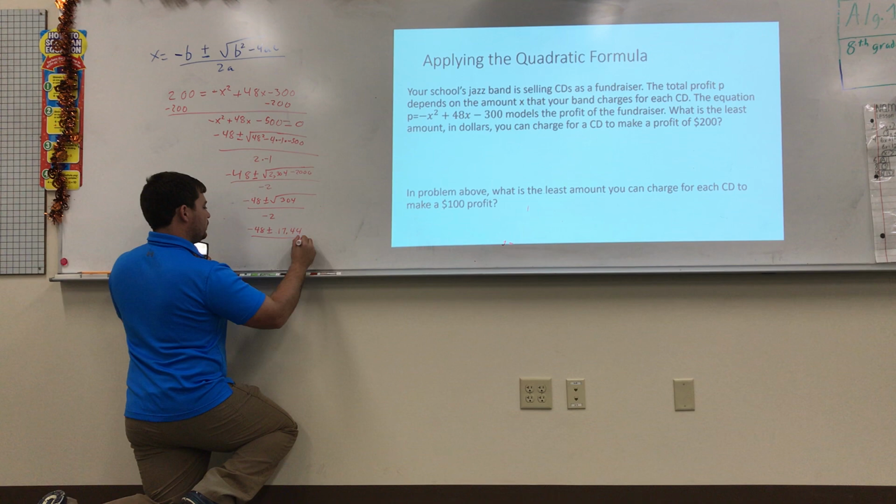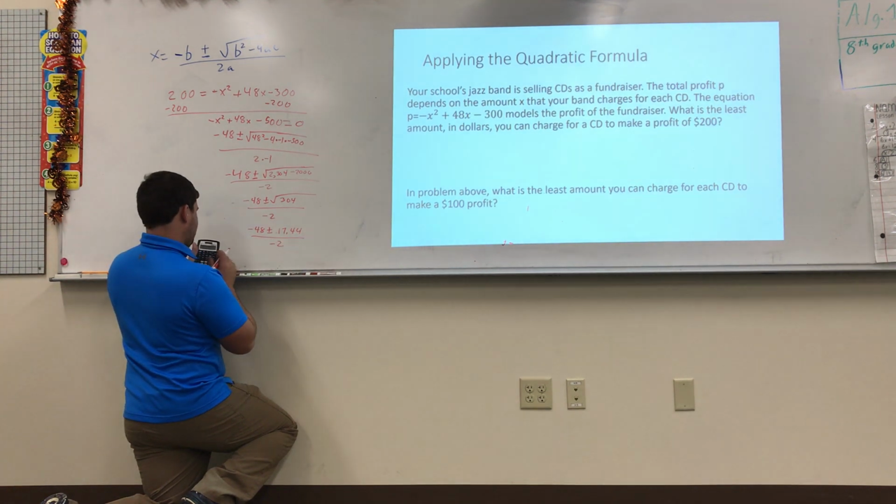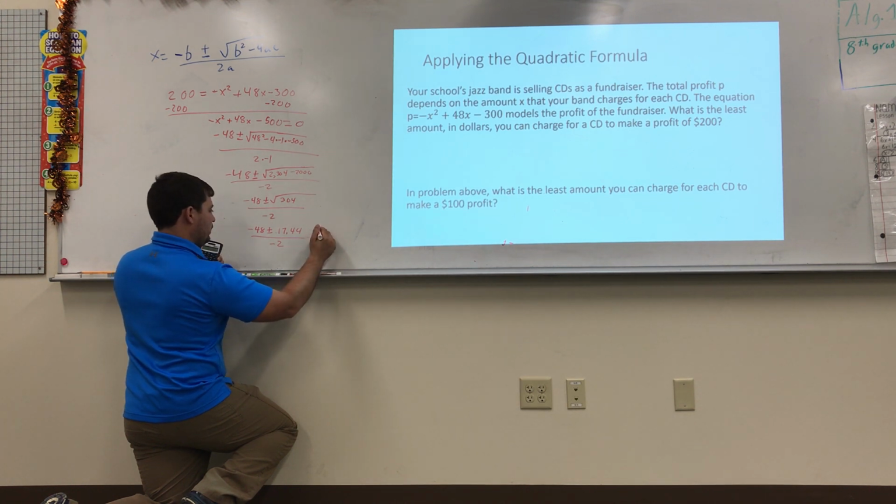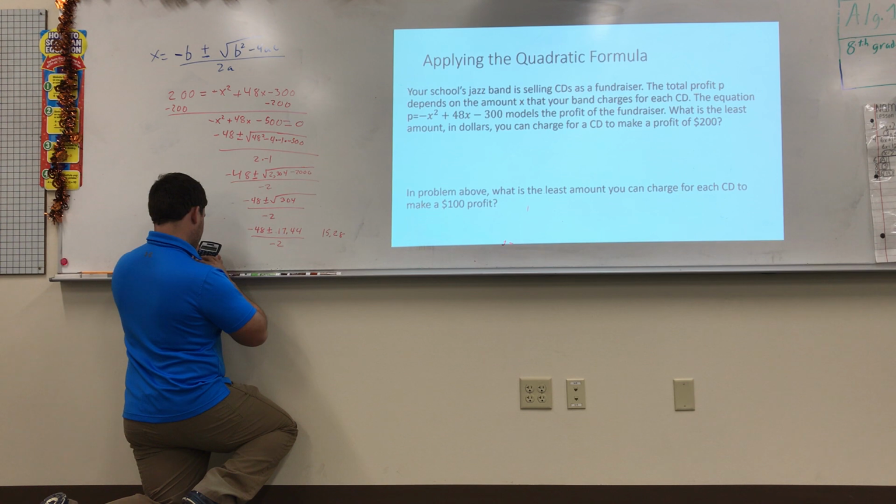.44 over negative 2. Then you're going to simplify this. When you add it and then divide by negative 2, you're going to end up with 15.28. When you subtract it, you're going to get 32.72.